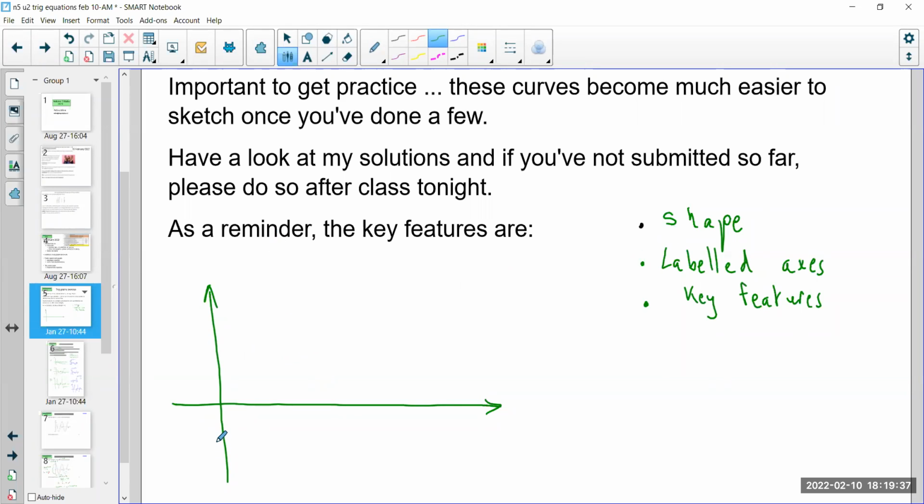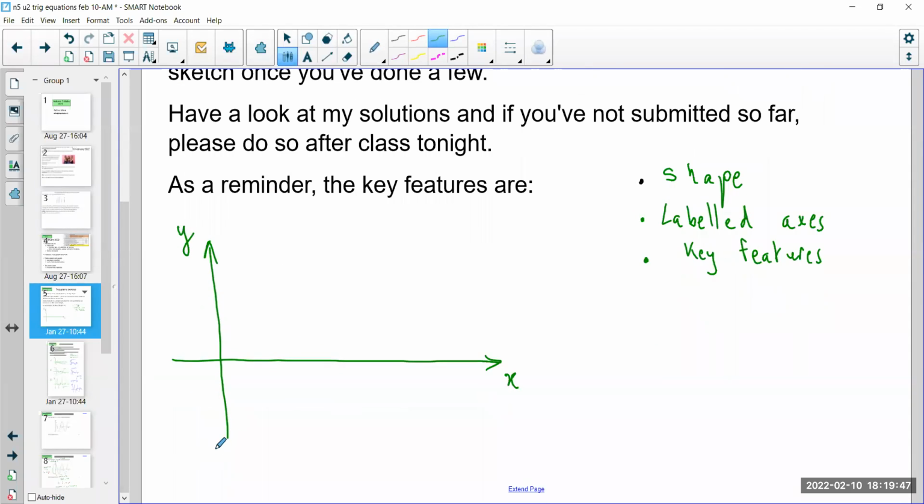If I'm asked to draw y equals sin x, first of all, I put my y and my x axis. By default, y is the vertical axis and x the horizontal axis, okay? The next thing is the sine wave. I know that it starts at (0, 0), because if you do sin 0 degrees in your calculator, you would get 0.